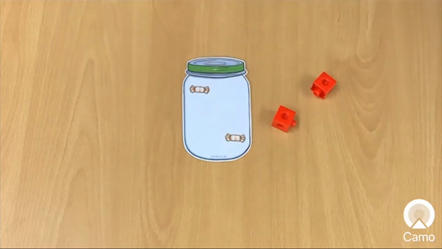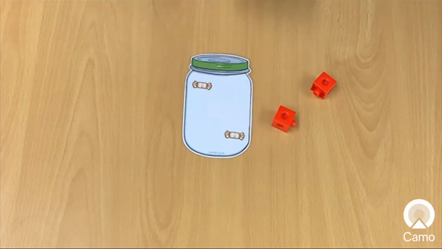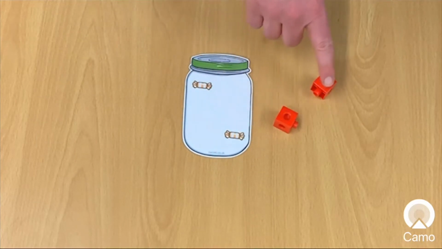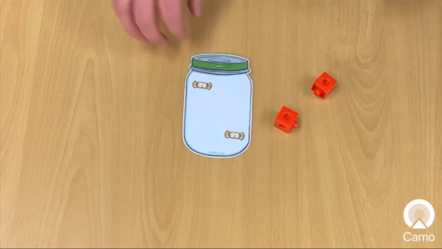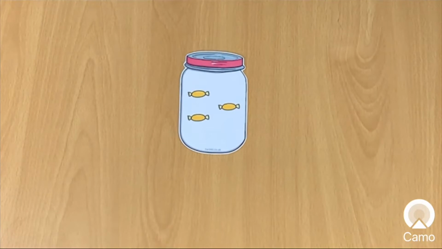Well done. There's my 2 again. So we've got 1, 2 sweeties, and I've got 1, 2 cubes. Each one of my cubes represents one of those sweeties. Well done. There's our next one. Represent that with your counting objects.